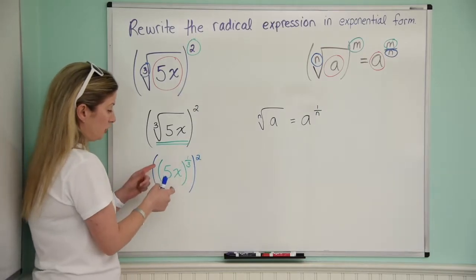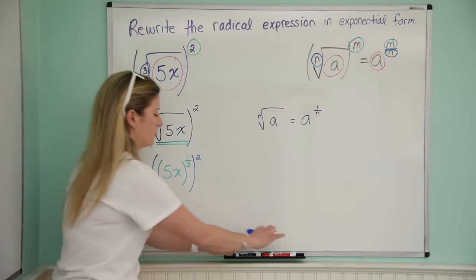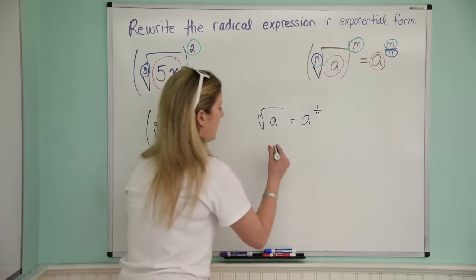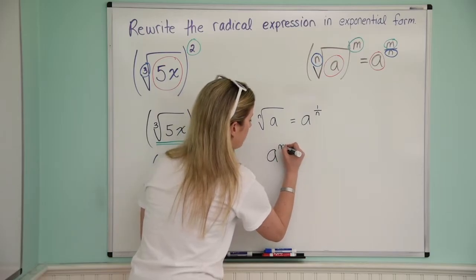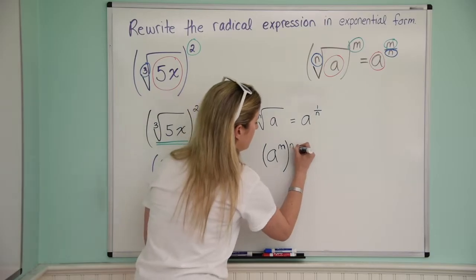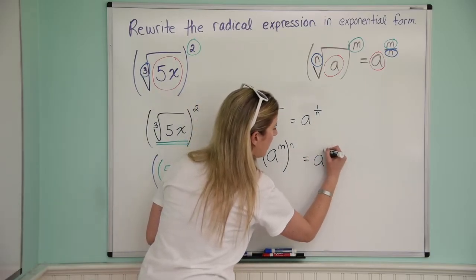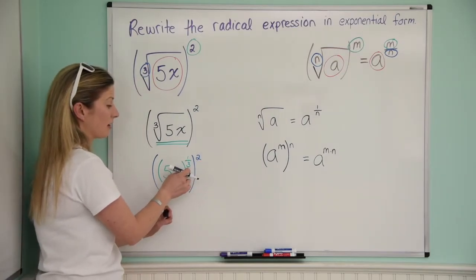So now, you might remember this rule, okay? When you have something raised to a power and you're raising it to another power: a to the m, to the n, equals a to the m times n. So you're going to apply that same thing here, okay?